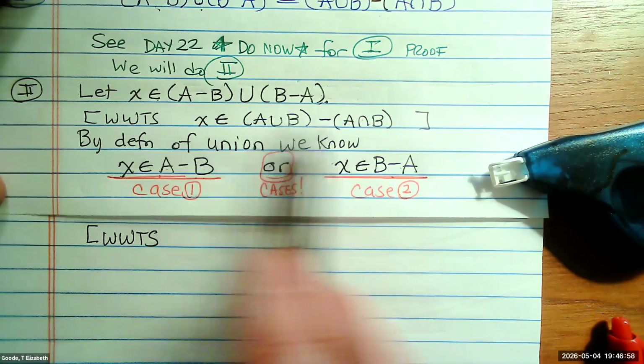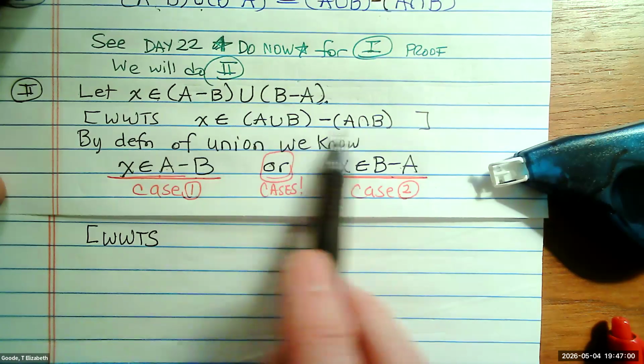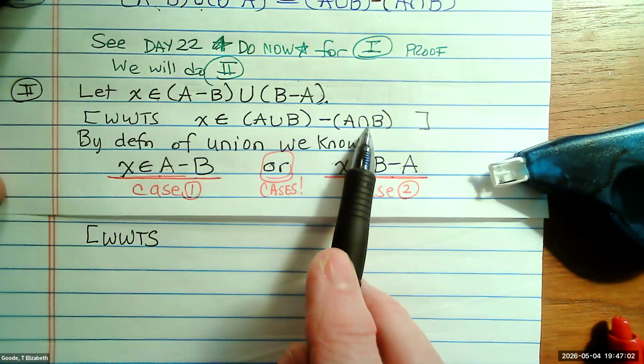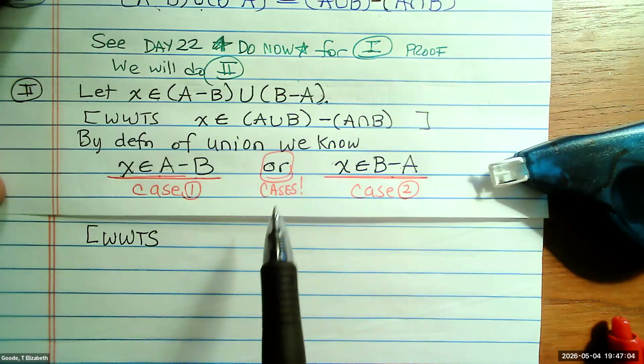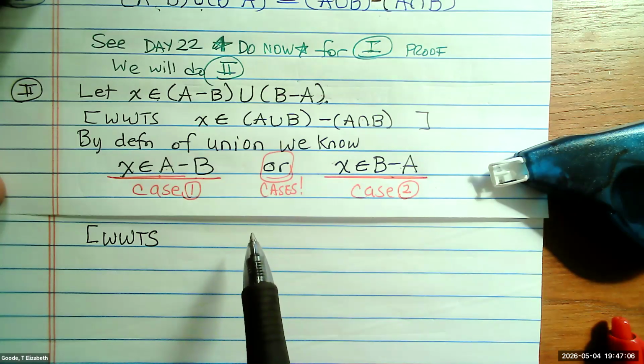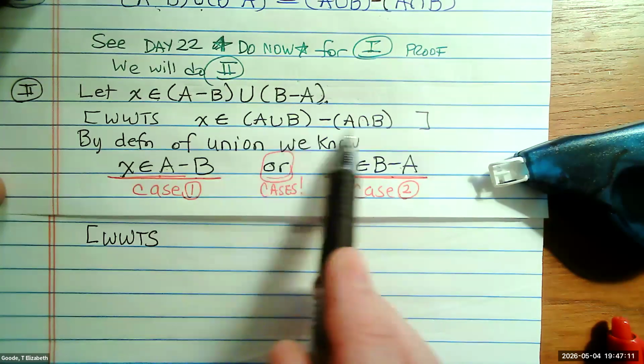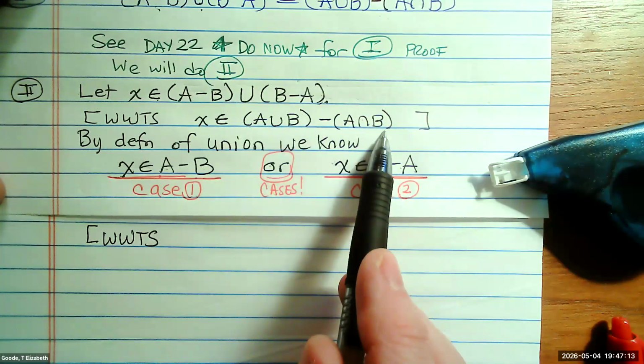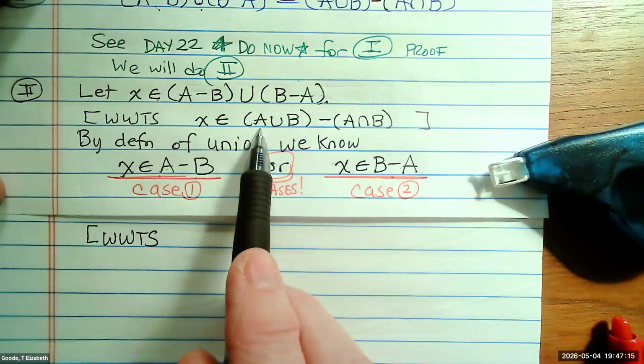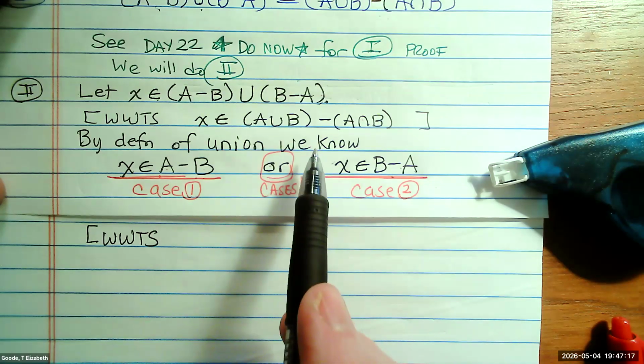To understand this wish, we need to understand what it means to be in this compound set. What is the last operator that operates in this wish set? It is the and operator in A intersect B.